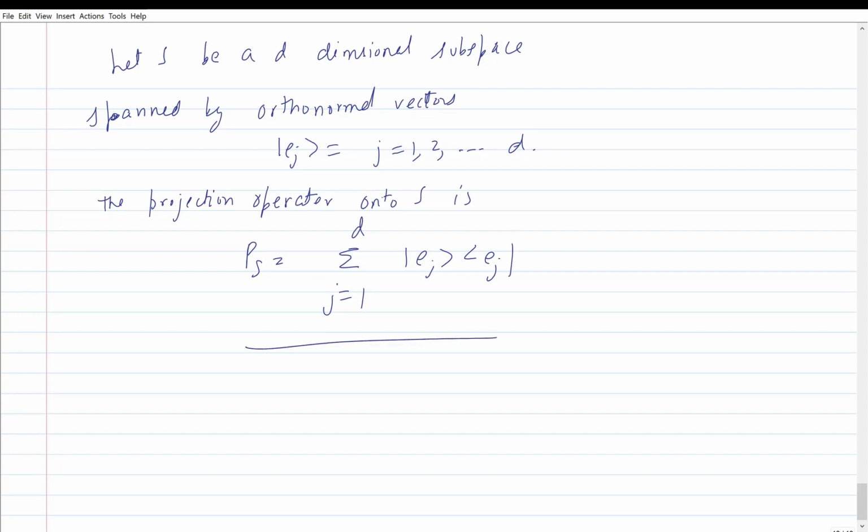This structure is going to project any vector onto this particular subspace. And this is going to be a unit operator in that particular subspace S. This is the way I define or generalize the notion of projectors to d-dimensional space.